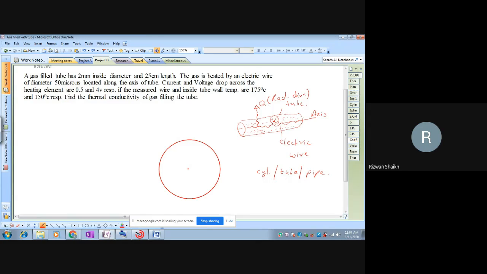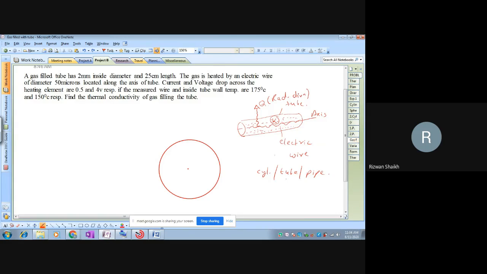It can also be in the axial direction, but if you consider the axial direction, the length of the tube is too high, tending to infinity. So the heat also flows axially and to the outside of the tube, and when we estimate the heat flow, you will not get the proper value for Q. So to have the exact value of the rate of heat flow, we consider it in the radial direction.